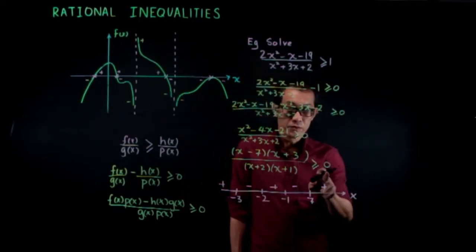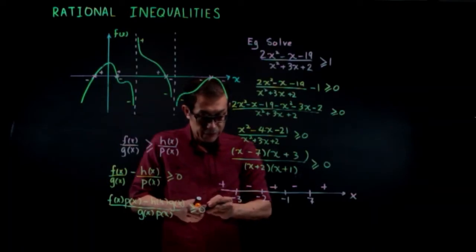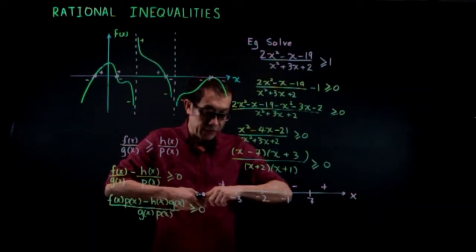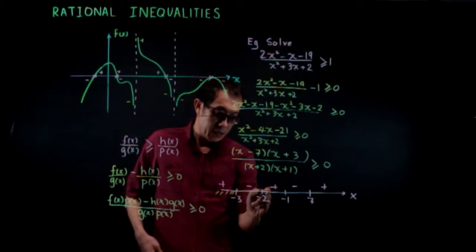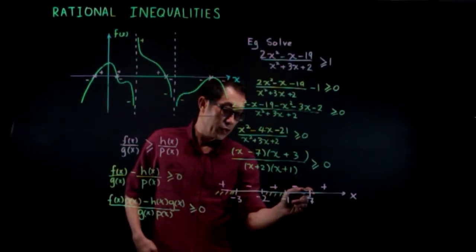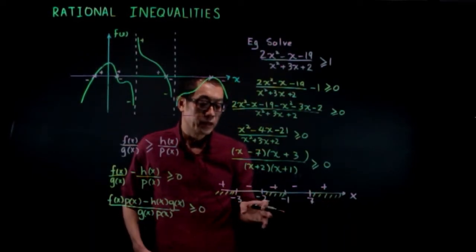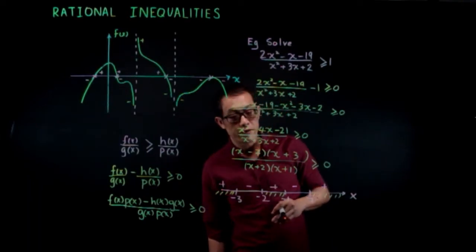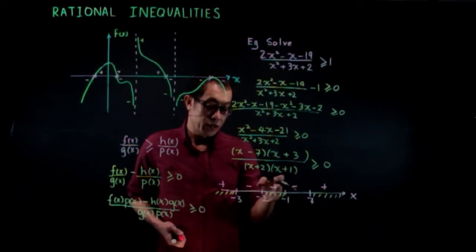Now you want the graph to be greater than 0. So what will be your values of x? So x will take values here, because when x takes values in this interval, you find that f of x is greater than or equal to 0.